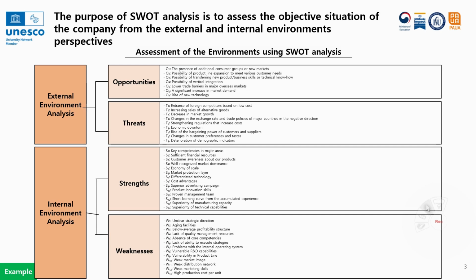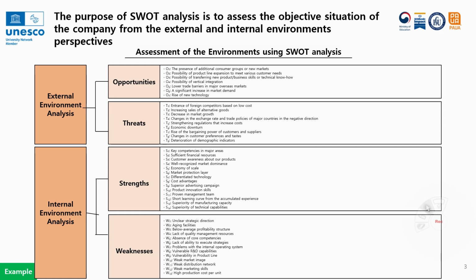So if our company has strong brand values, then that could be categorized as a strength of our company. The next example of the strengths is well-recognized market dominance. It's also related to the brand value of the company. If the customers of our company recognize our product as the market leader, that's good news.